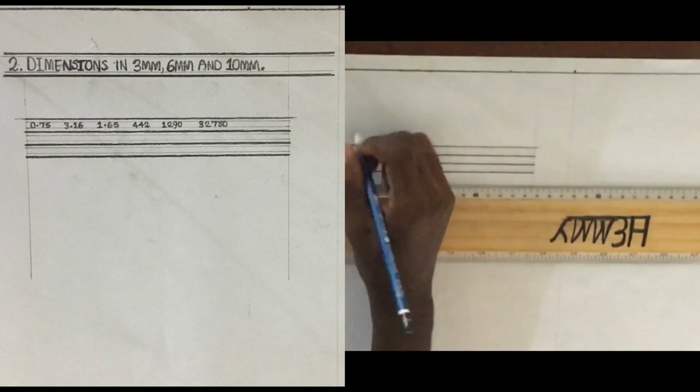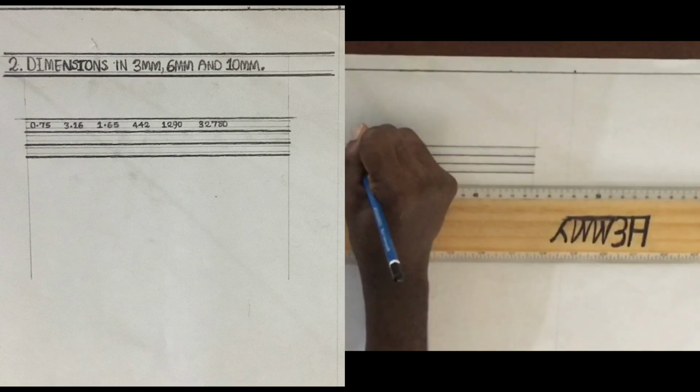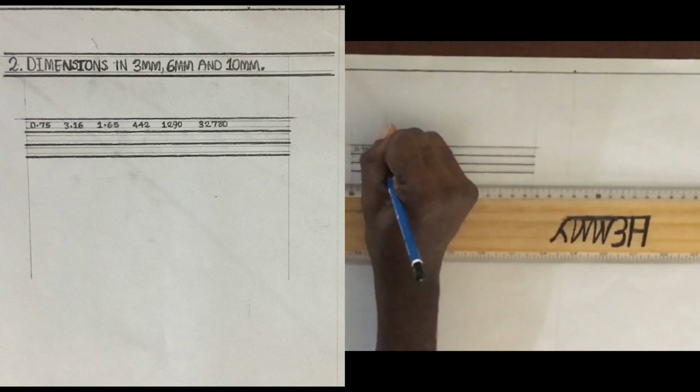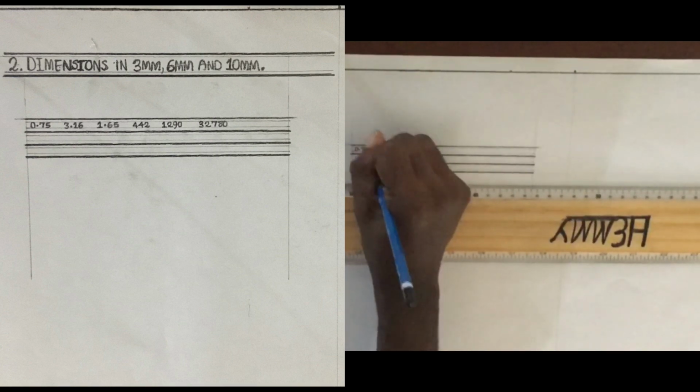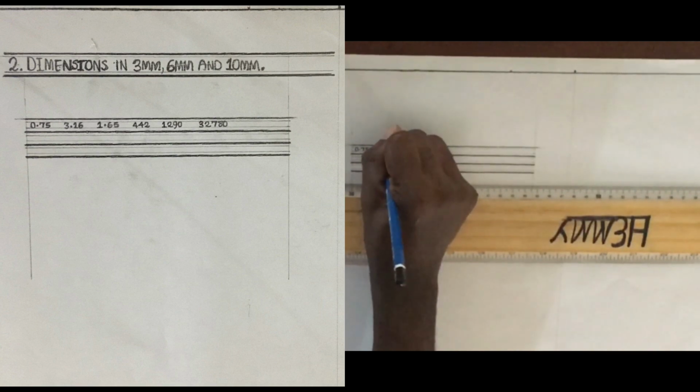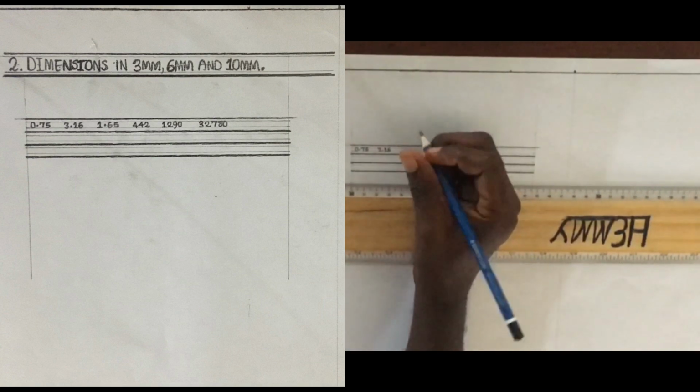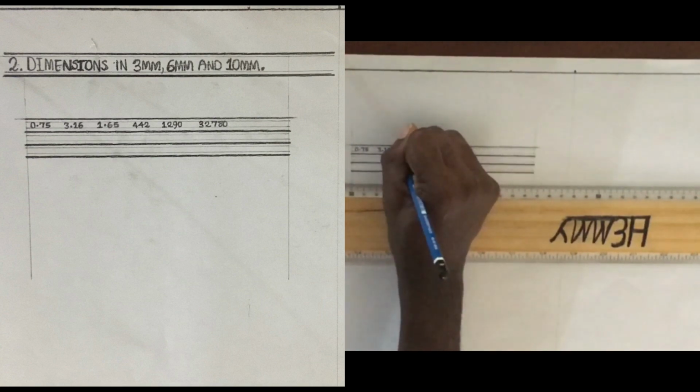So we have 0.75 at first, then you space in between it, you have a space, then up next is 3.16. Do ensure you are working with the font Gotham and commercial Gothic.